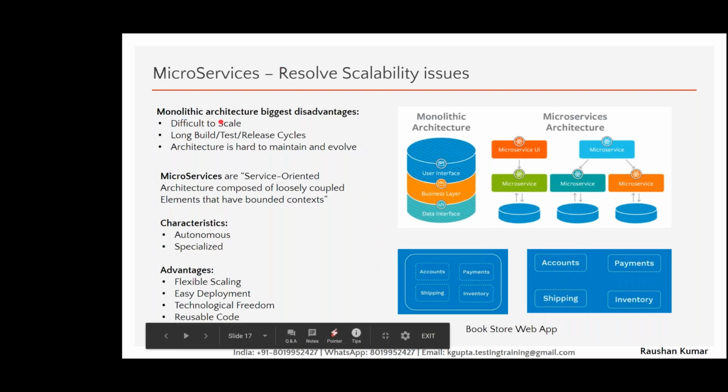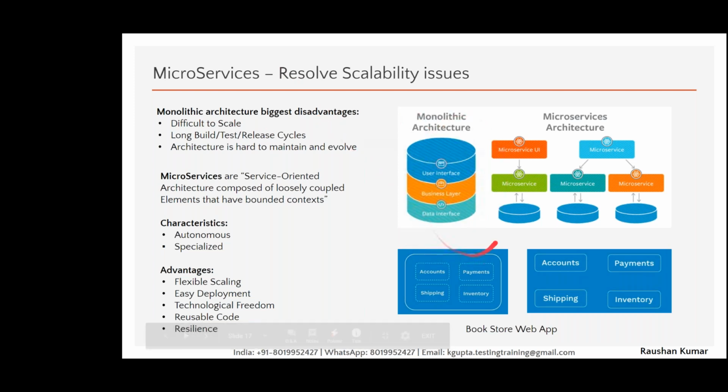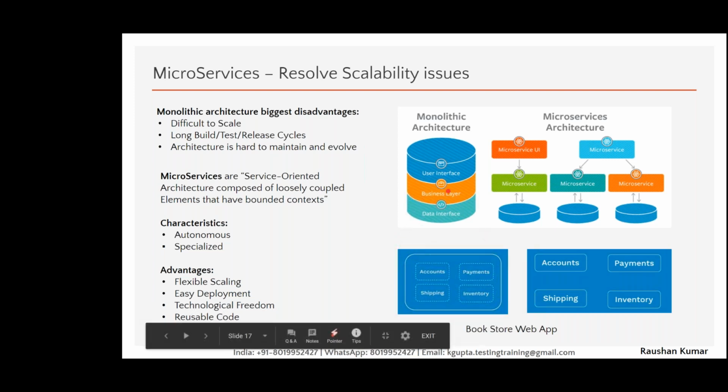So the monolithic architecture's biggest disadvantage here. It's a three-tier application that we usually have in our organization: your web server, your application server, and DB server, and all the code resides in the business layer. And that's what I'm talking about here, that the code is tightly coupled.